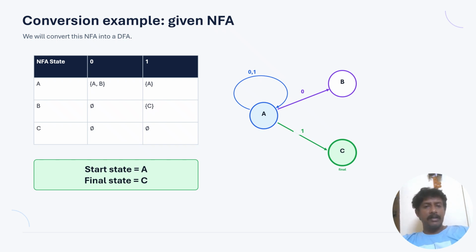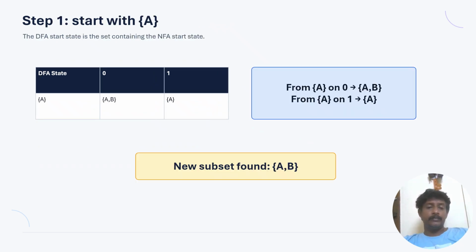We will not rush. We will start from the start state and create subset states step by step. First step, we start the DFA with the set {A}, because A is the start state of the NFA. Now we find the transitions of set A. For input 0, look at the NFA table.